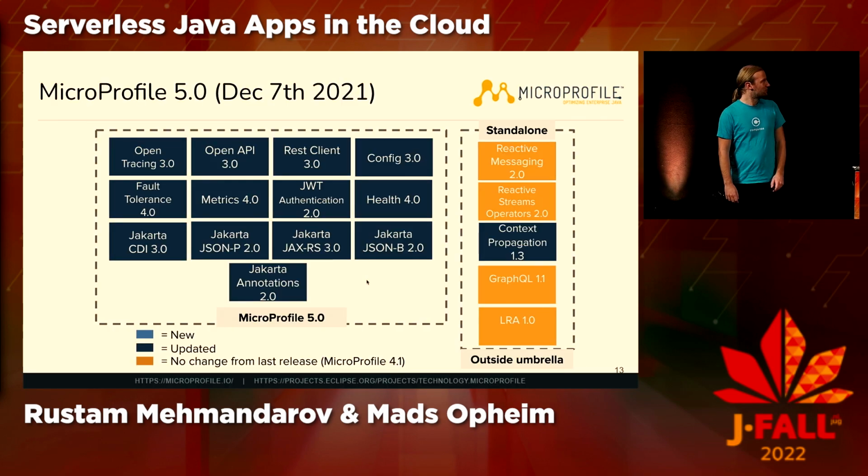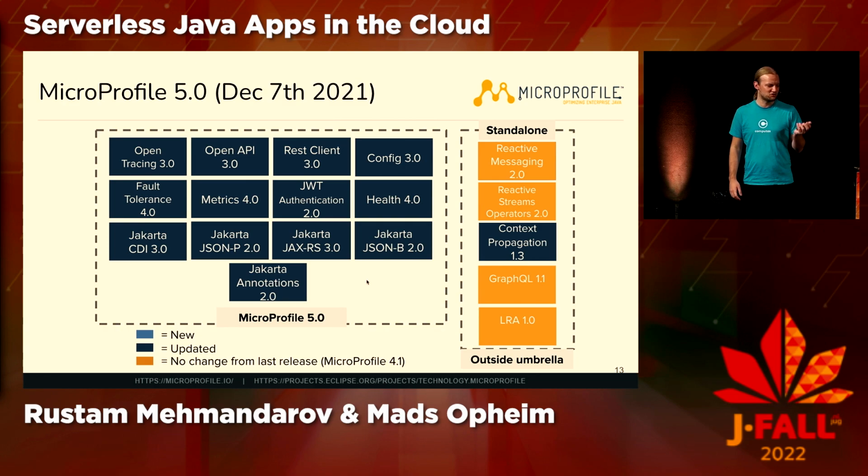So let's dive a bit more into it. We could do an entire talk just on this slide. That would be fun, we should do that sometime. You can see every blue box in the MicroProfile 5.0 rectangle here is a specification, and MicroProfile is the combination of all of these specifications. There are lots of specifications.